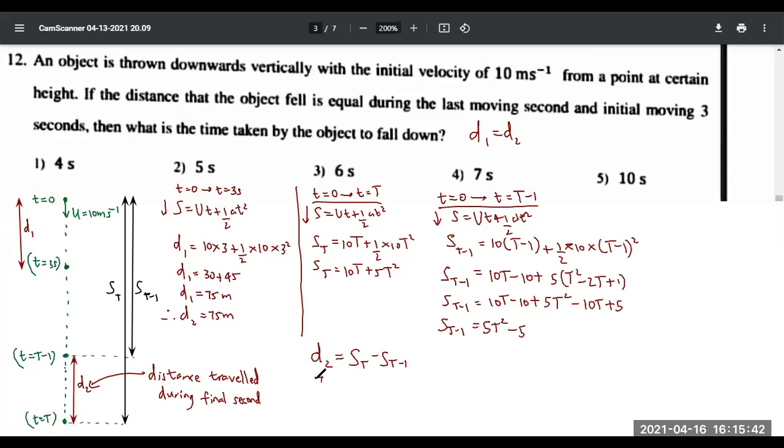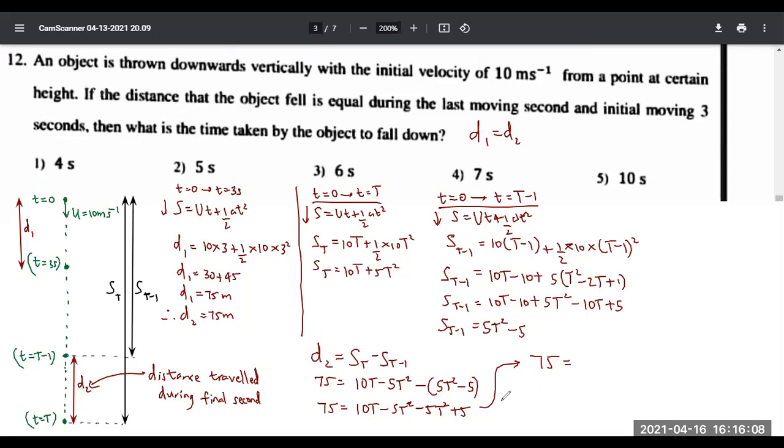So d2 is 75, we already have found it. S(T) is this one, 10t minus 5t squared, minus S(t-1), which is 5t squared minus 5. So 75 is equal to 10t minus 5t squared minus 5t squared plus 5.